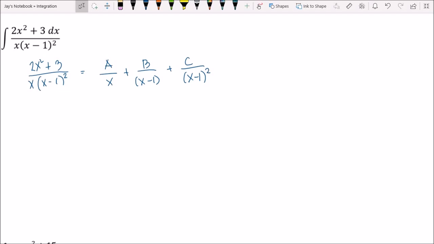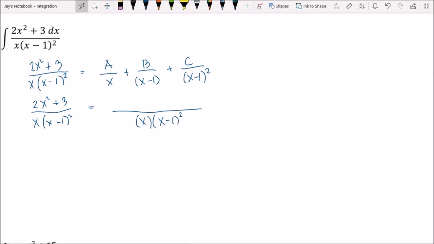Then after that, you combine A, B, and C. You add A, B, and C. The common denominator would be x times (x minus 1) squared.